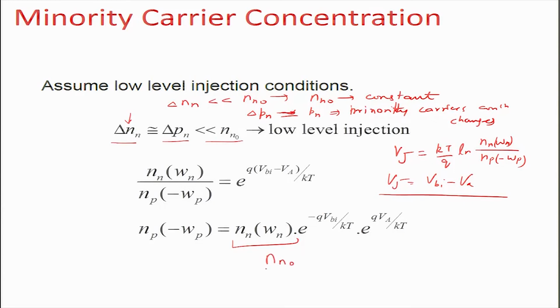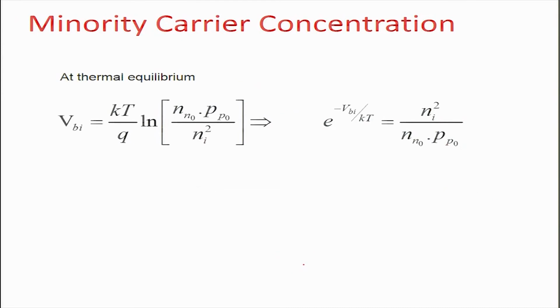Nothing but Nn0, right? It is nothing but Nn0. Similarly, you can write an expression for hole concentration also. So now if I move forward, at thermal equilibrium, Vbi, this we derived earlier, was equal to kT divided by q into ln of Na into Nd divided by ni square, and Na is equal to Pp0 and Nd is equal to Nn0.